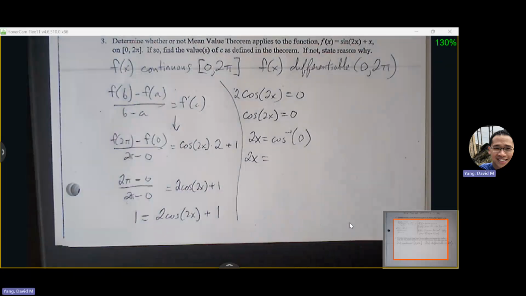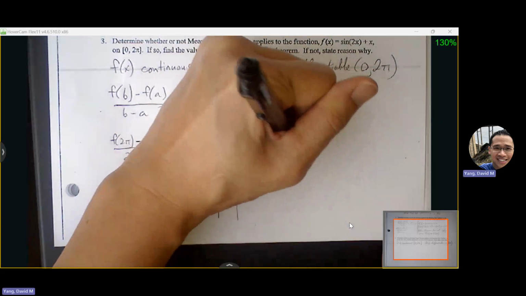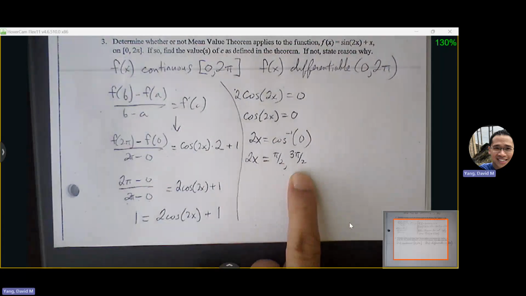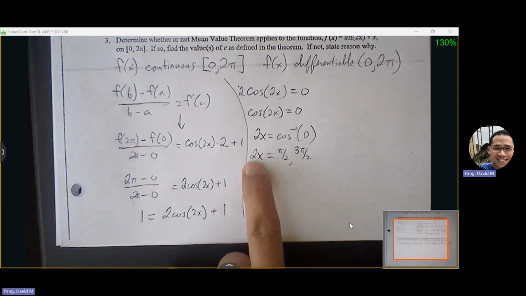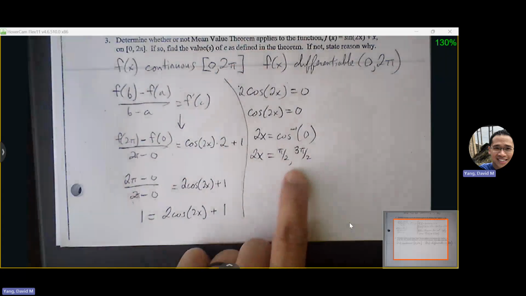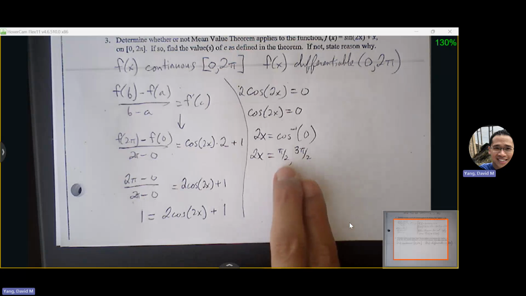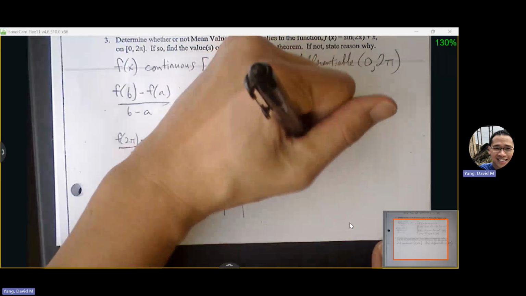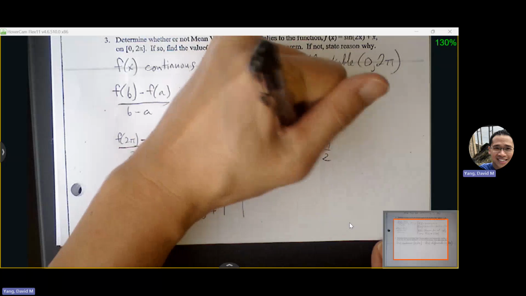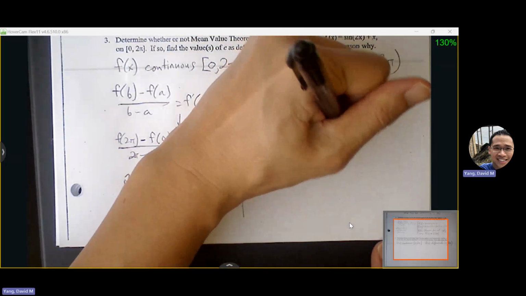So cosine is equal to 0 at pi over 2, 3 pi over 2. We're going to keep going past 2 pi because eventually we're going to have to shrink all these values, divide by 2. So I'm going to keep finding coterminal angles, go beyond 2 pi. So if I add 2 pi to pi over 2, I get 5 pi over 2. Added 2 pi to 3 pi over 2, I get 7 pi over 2.